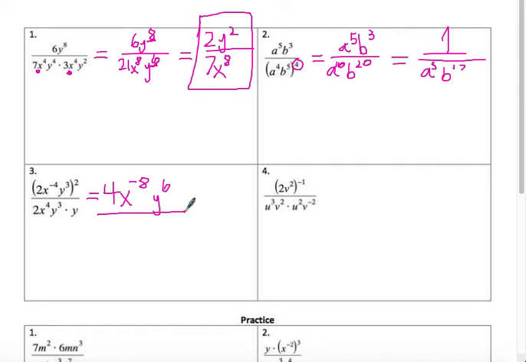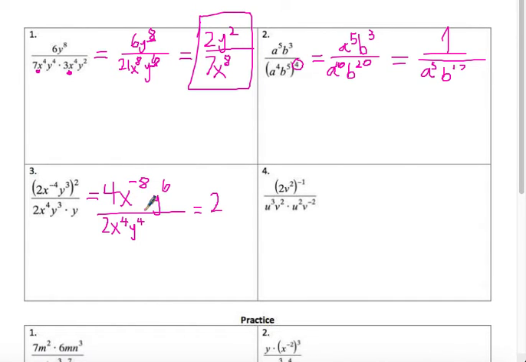And now let's simplify the denominator. So in the denominator, we just have 2x to the 4th, y cubed times y. So that's 2x to the 4th, and then y to the 4th. So we can simplify 4 divided by 2, we're going to be left with a 2 in the numerator. And then the x's, so we have x to the negative 8 divided by x to the 4th.